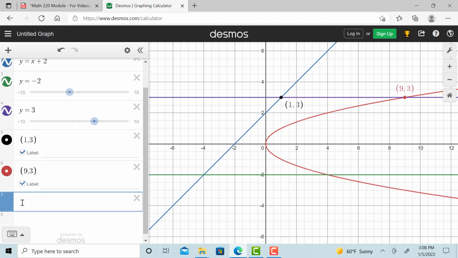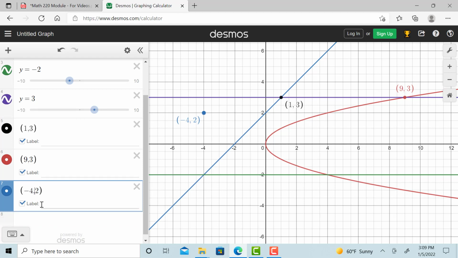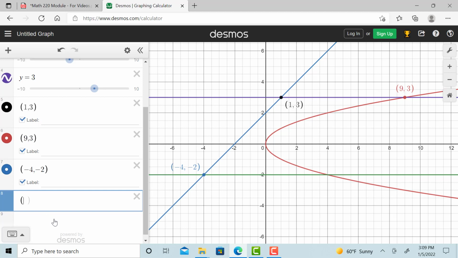Then we also have negative 4, negative 2. And then we also have 4, negative 2.